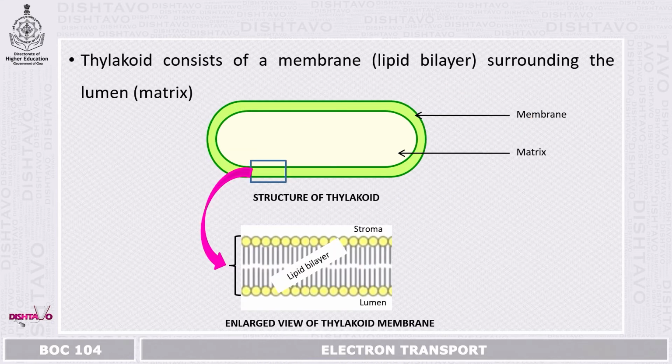The thylakoid consists of a lipid bilayer membrane surrounding the matrix or the lumen of the thylakoid. If you see an enlarged structure of a thylakoid membrane, it is made up of two lipid layers, inside you have the lumen of the thylakoid, and towards the outer side is the stroma of the chloroplast.